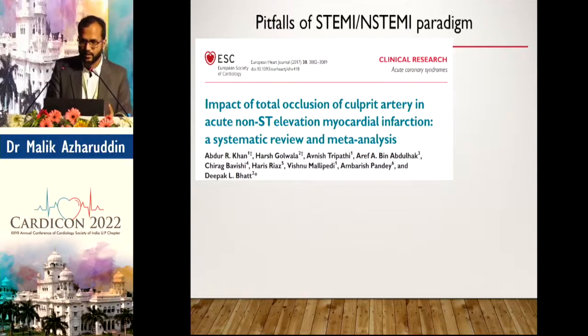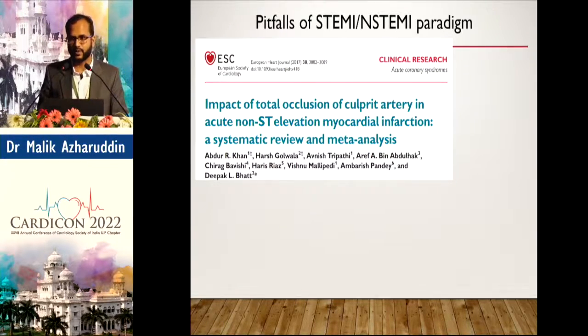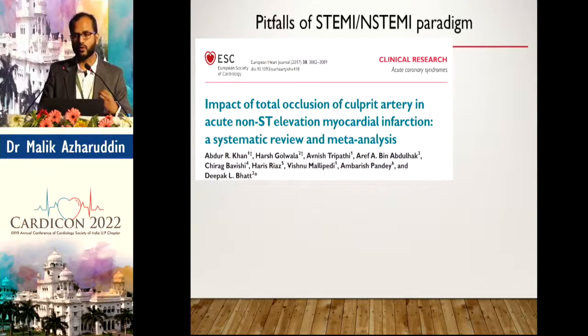So as I was saying, our STEMI, non-STEMI paradigm, which we have been following, and don't get me wrong, is not without its benefit. It has streamlined acute coronary syndrome care, and it has brought tremendous quality improvement.